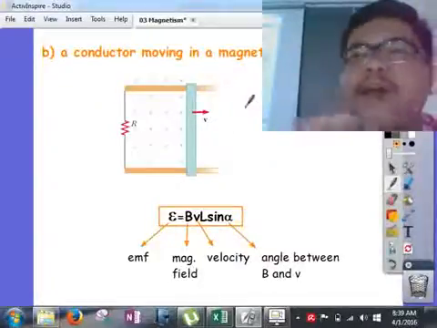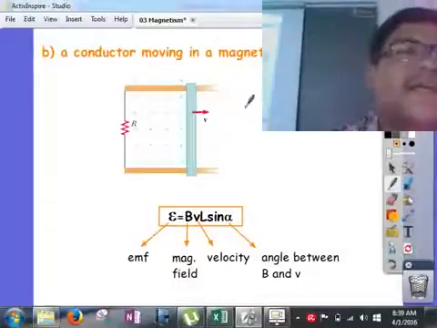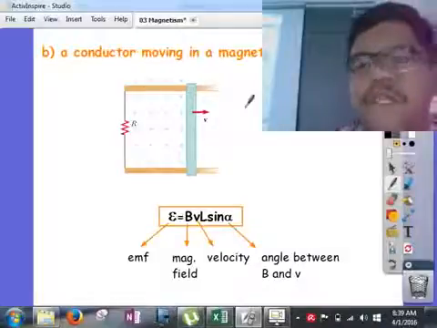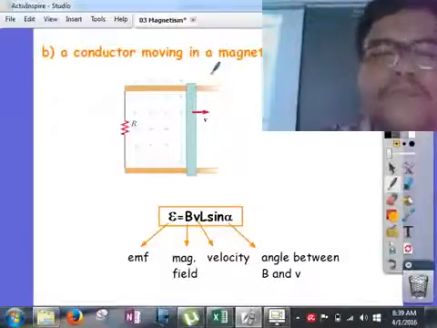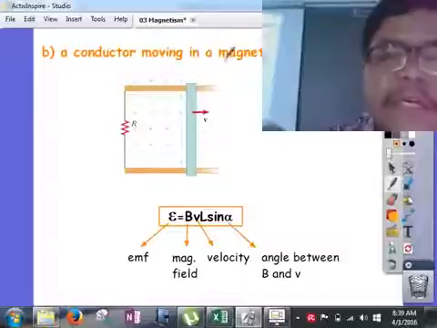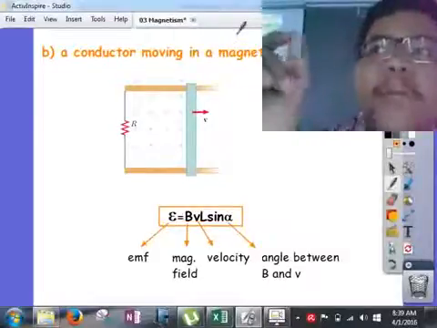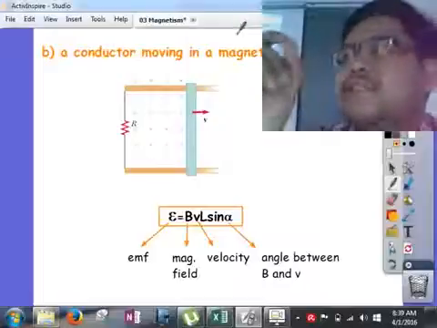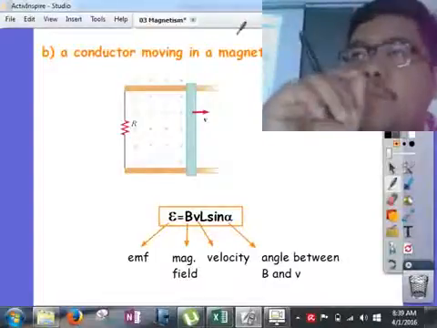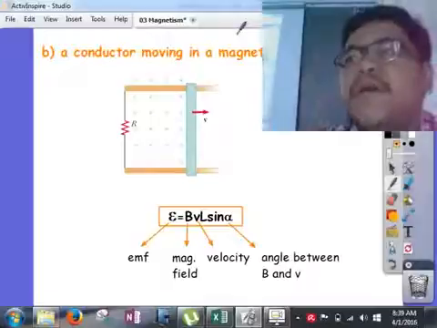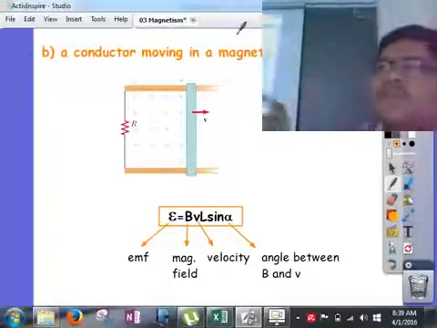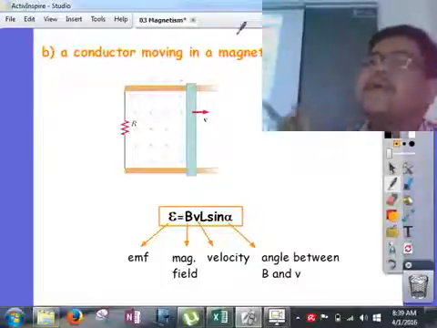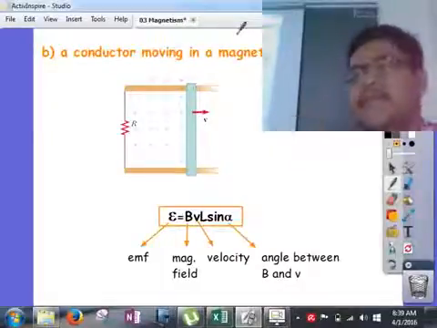So next, for the second one, when a conductor is moving in a magnetic field. Look here, a conductor is actually made of atoms. An atom consists of electrons, protons and neutrons. So protons, positive, and electrons, negative, will be affected by the magnetic field.